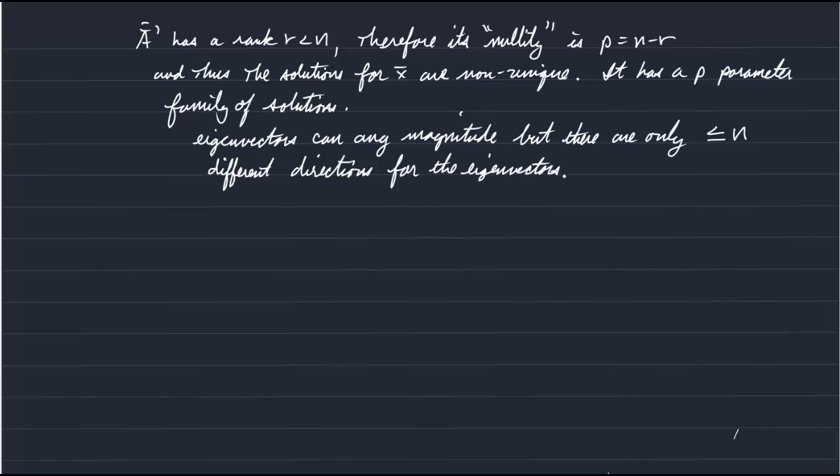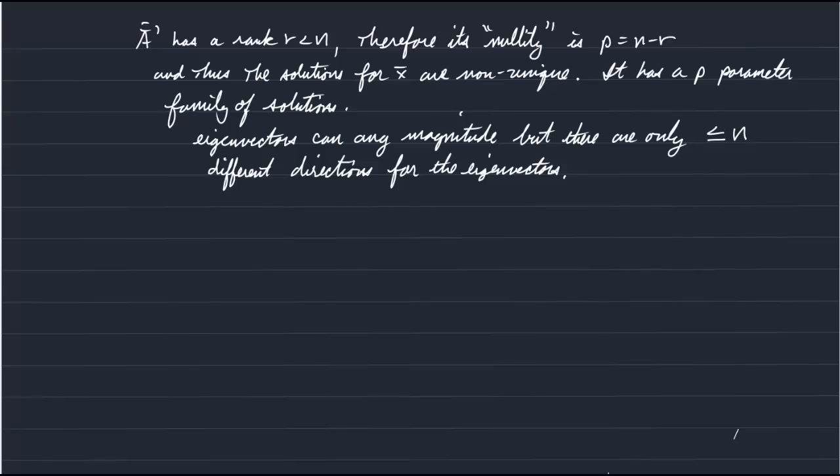So in general, there'll be n different eigenvectors, and there may be n distinct directions for those eigenvectors, but there's also the possibility of 2 or more eigenvectors having the same direction.